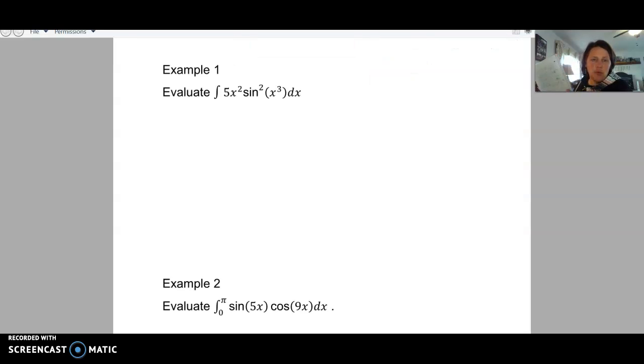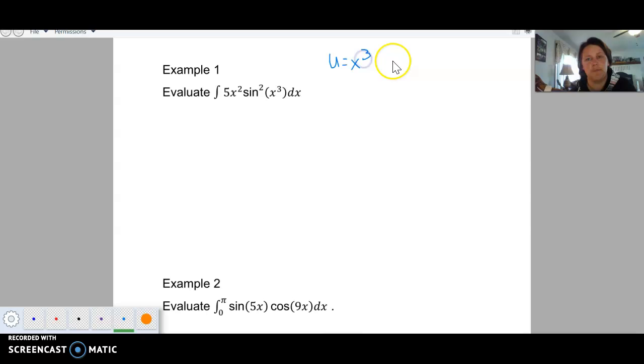In example number 1, you can see that we have a trig equation with some other stuff. So for this part 2, we're still using these same trig equations and formulas, but just adding a little bit more into it. So in this case, I've got a lot going on here. I'm going to go ahead and substitute u for x cubed.